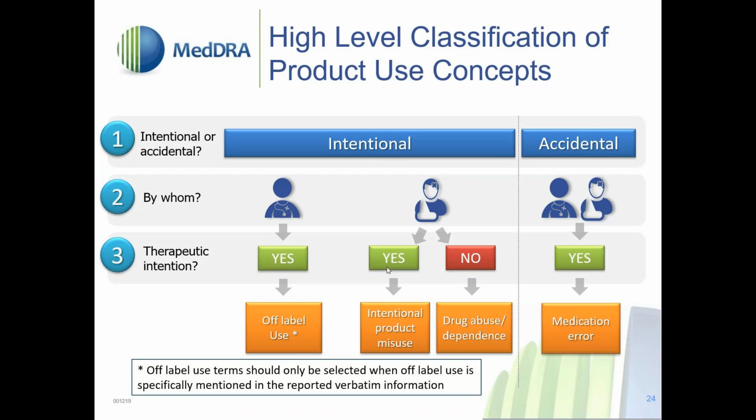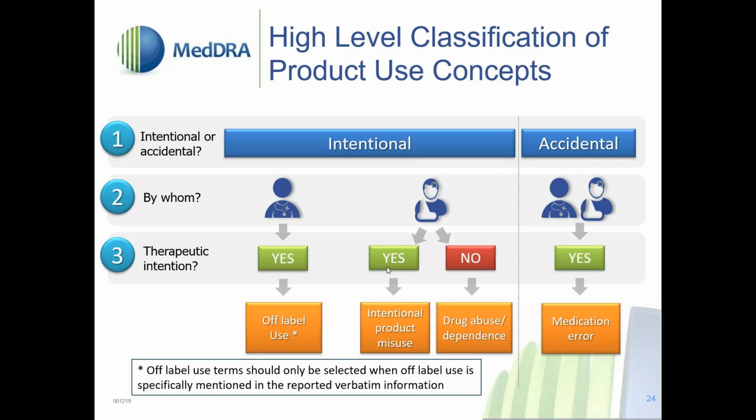Please be aware that we are looking at broad concepts in this decision chart, we are not looking at MedDRA terms that should be selected. Of course, one should only assign LLT medication error when no more specific information is available in the report.